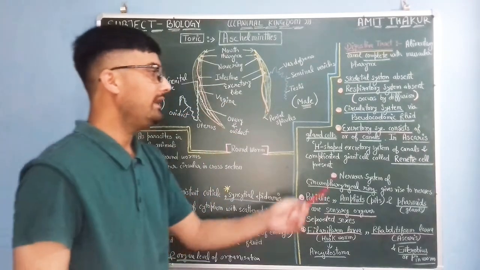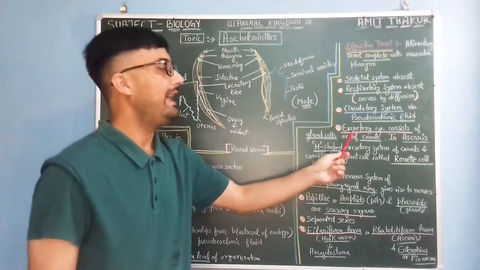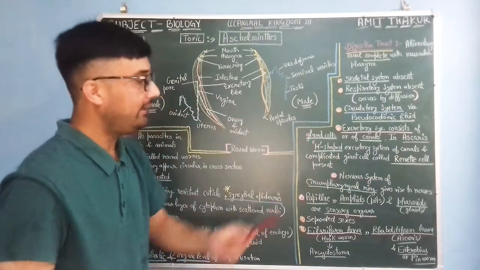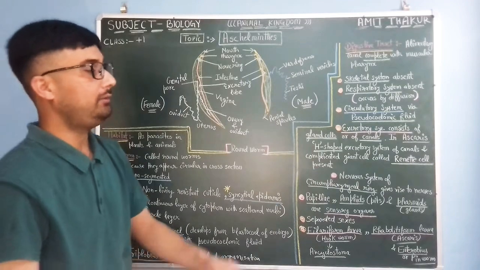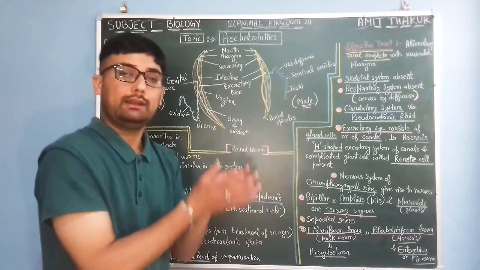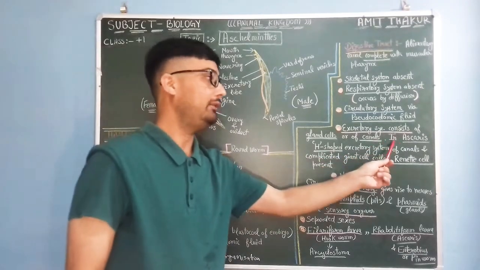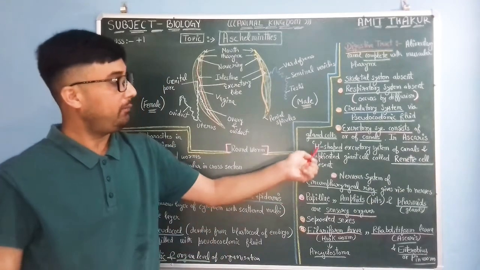Excretory system is a very important point. The excretory system consists of gland cells, very important, note this down. So the excretory system consists of gland cells or canals, or both gland cells as well as canals. In Ascaris, there is an H-shaped system, this is very important.